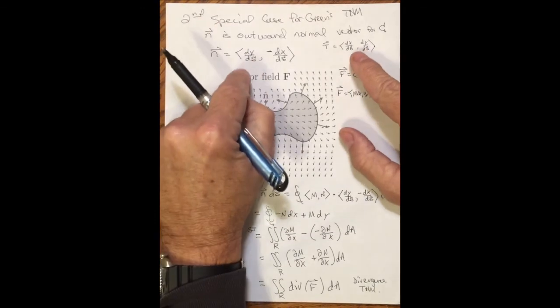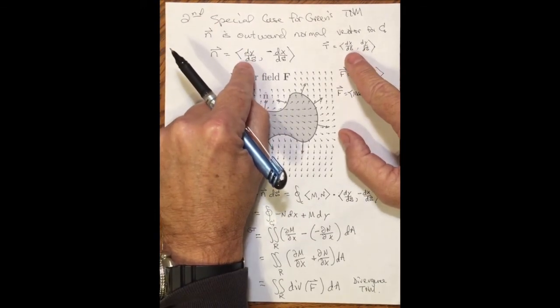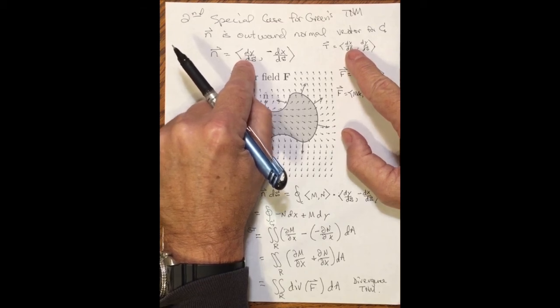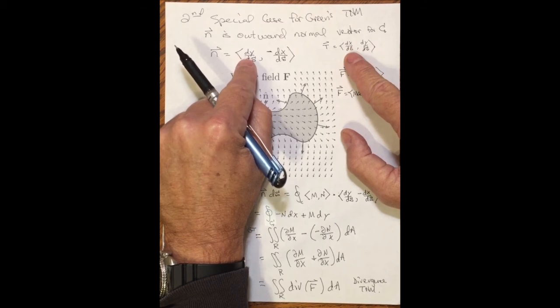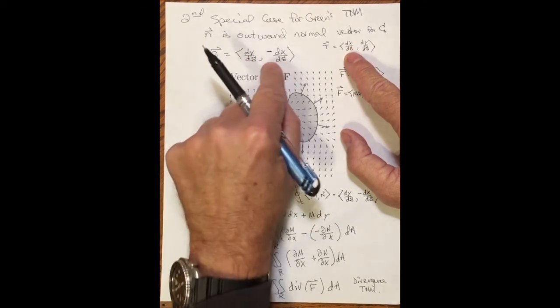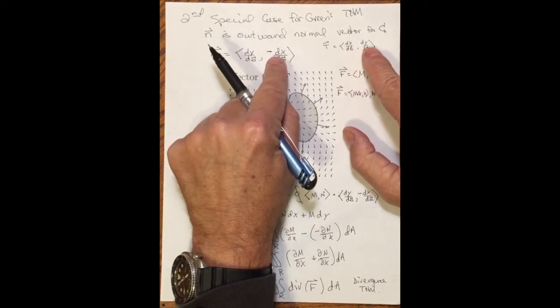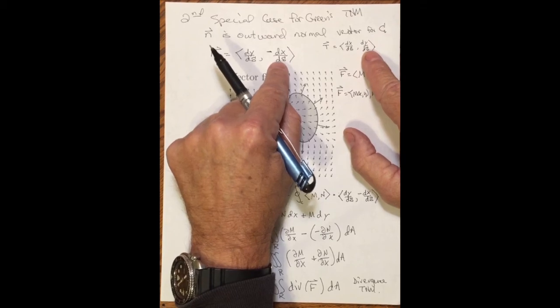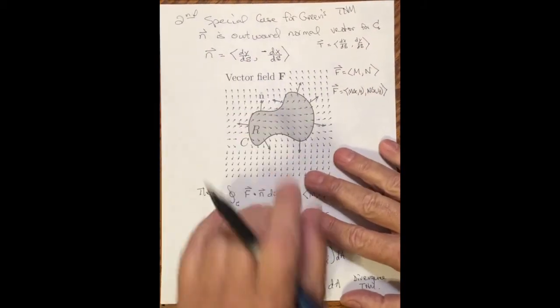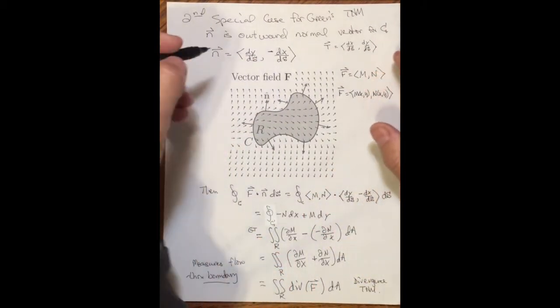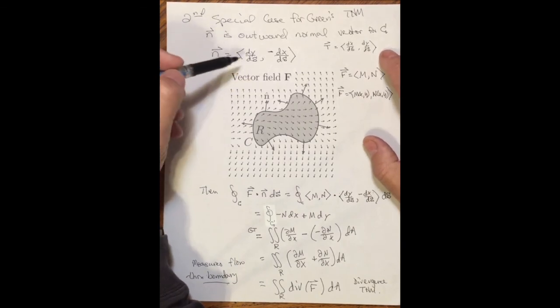Now, what we do know is that when we take the dot product of these, we should get 0. And we do, see? This would be dx times dy over ds squared, and this would be minus dx dy over ds squared. That's 0. If the dot product is 0, we know that these two are perpendicular, or orthogonal.